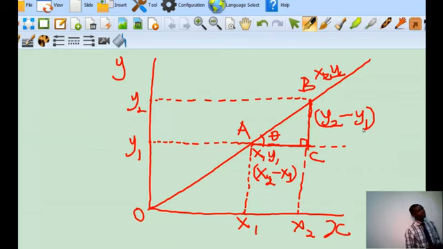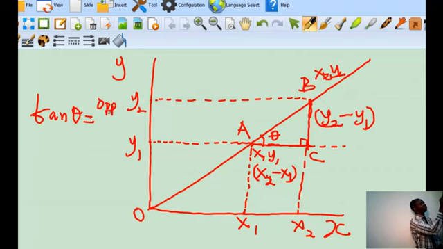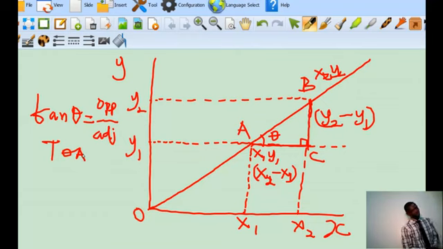If you go back to the previous study sections, we were told that for you to obtain your tan theta, tan theta is equal to opposite over adjacent, which is your TOA, out of SOHCAHTOA.